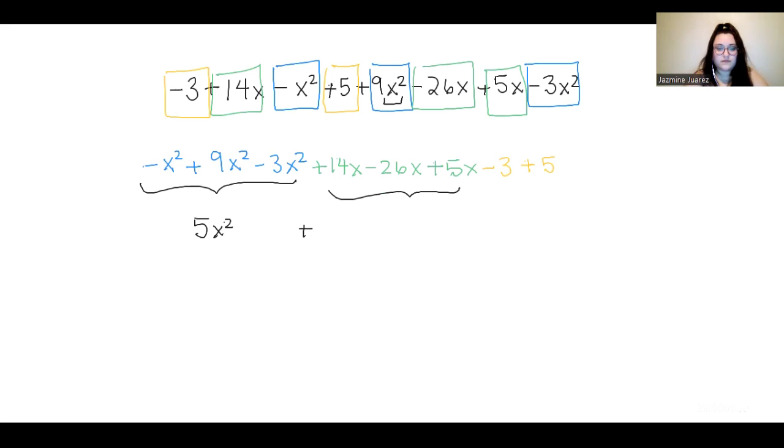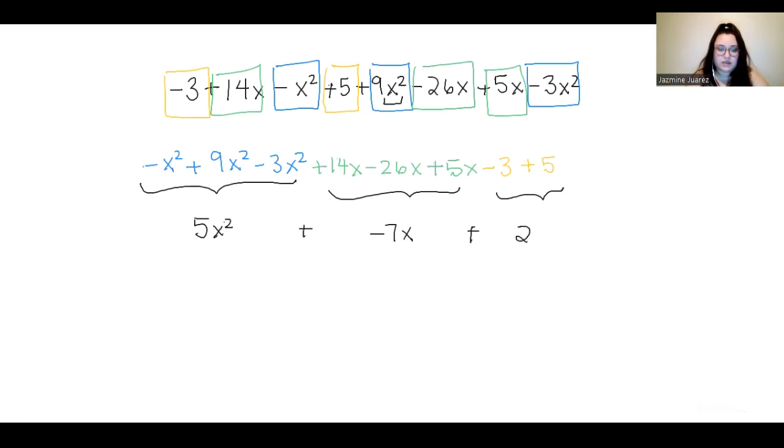So 14 minus 26, I get negative 12. And then I want to add 5 to that. So I get a negative 7. I have negative 7x. And then minus 3 plus 5 is just a positive 2.